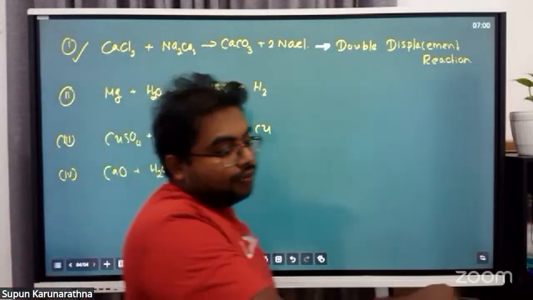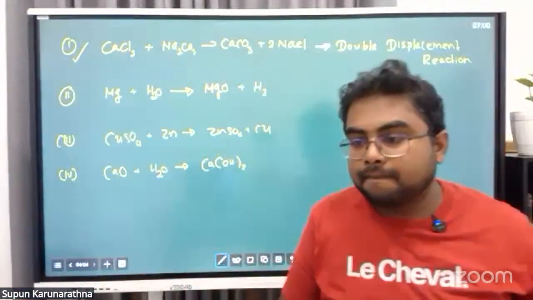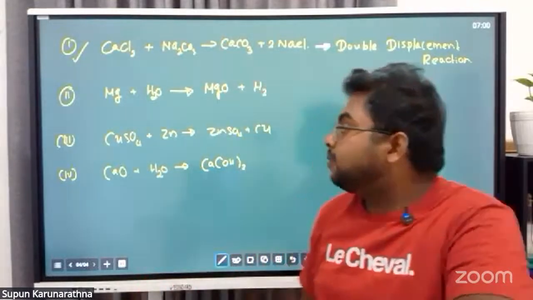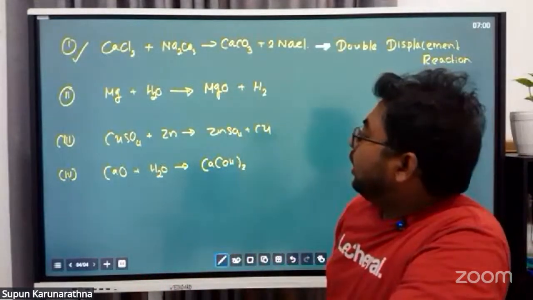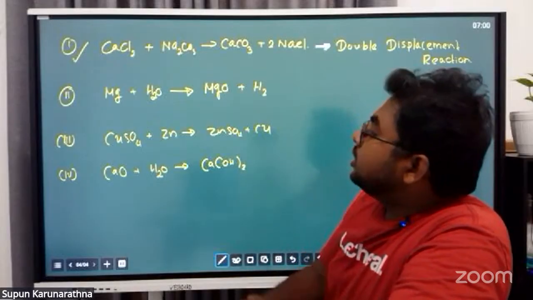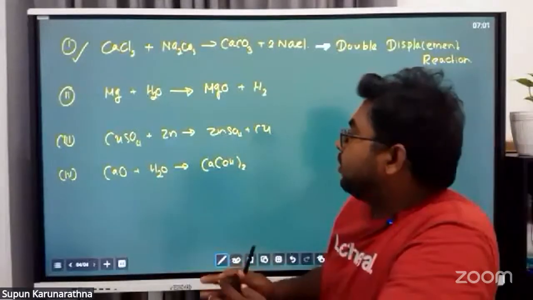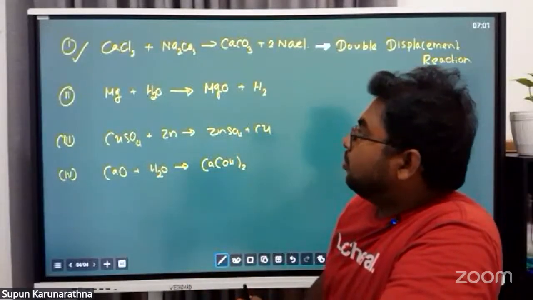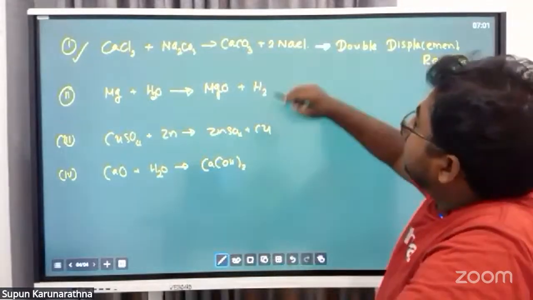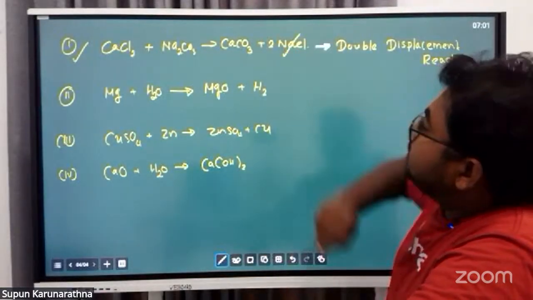So what is the type of these reactions? Single displacement. Here we can take copper sulfate plus zinc, giving zinc sulfate plus copper, as a single displacement reaction. So the first one is a double displacement reaction, and the correct answer for this question is the first one.